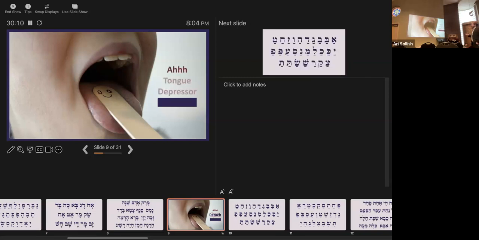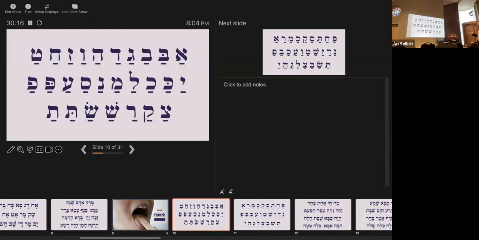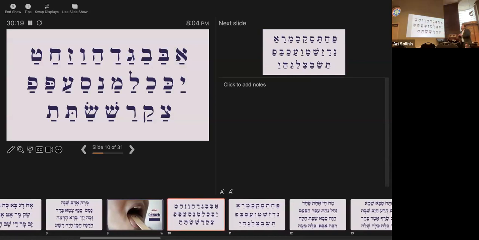Patach is a tongue depressor, but at this time, it's more of an a sound. Okay, and like in my head, as I've seen it a thousand times, I just see that long line and it's like a wide a. So ba, ba, ga, da, ba, za, ka, ta, ya, ka, la, ma, na, sa, ba, sa.